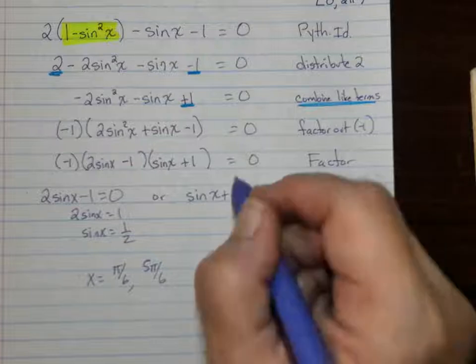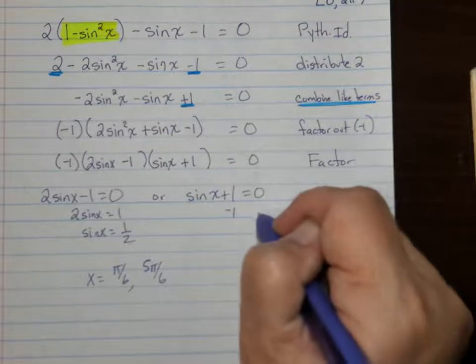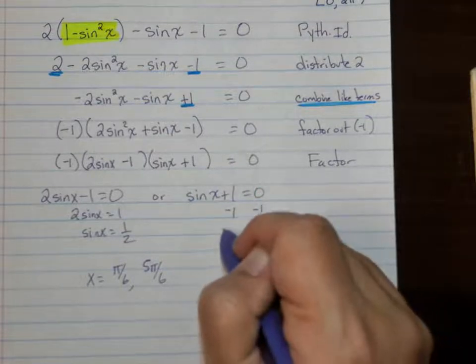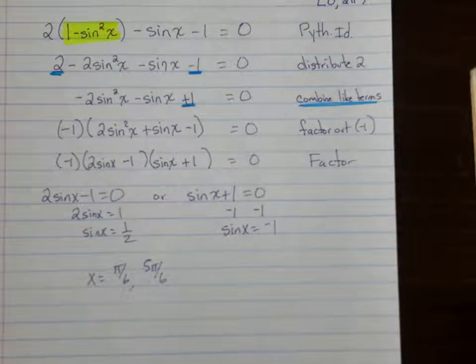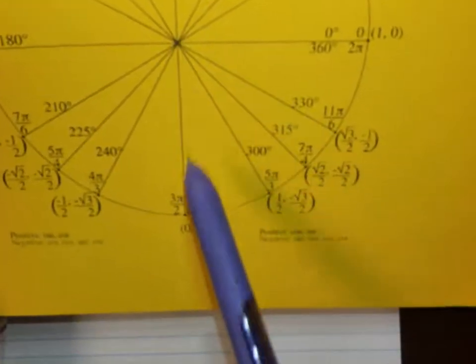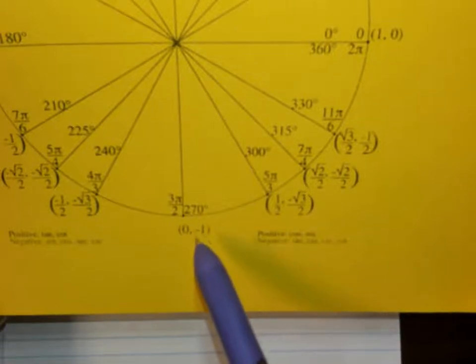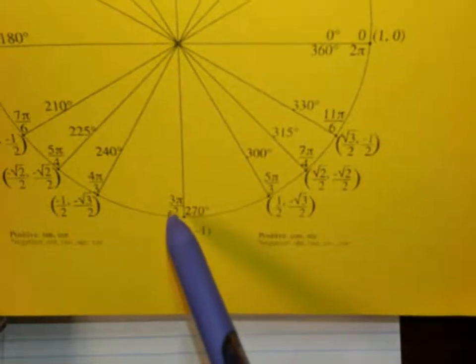Now I'll solve the other little equation. Subtract 1 from both sides. Sine x equals -1. So again, going to my unit circle, when is it that the sine x is equal to -1? Sine x is -1 at 3 pi over 2.